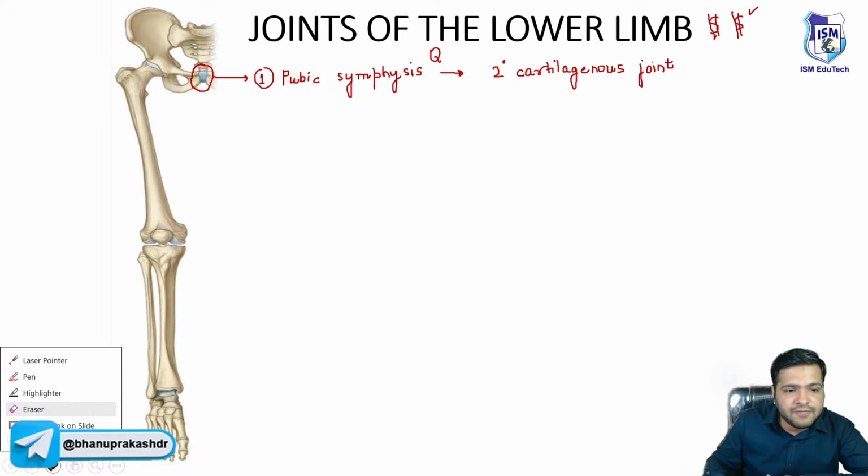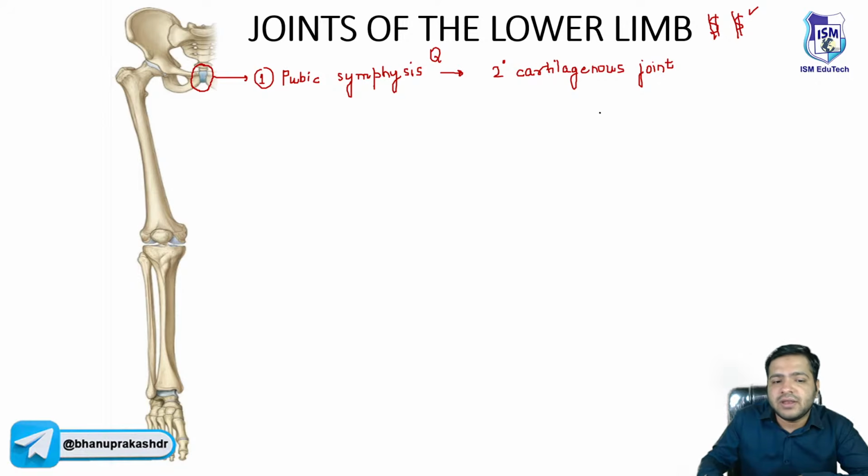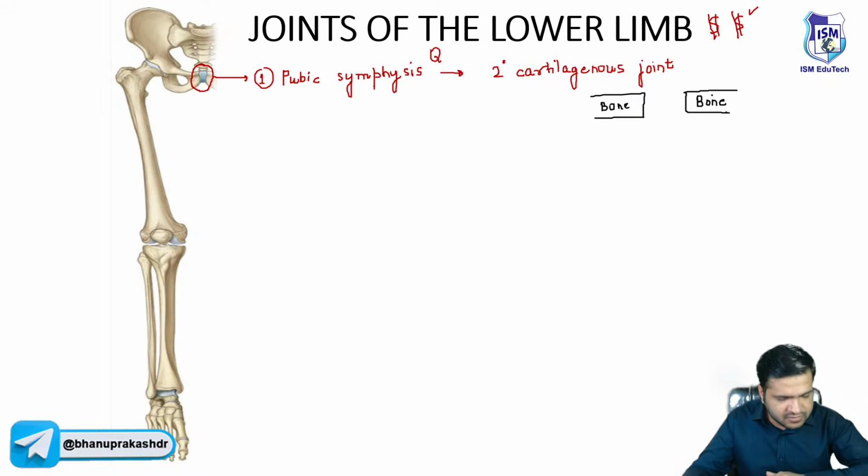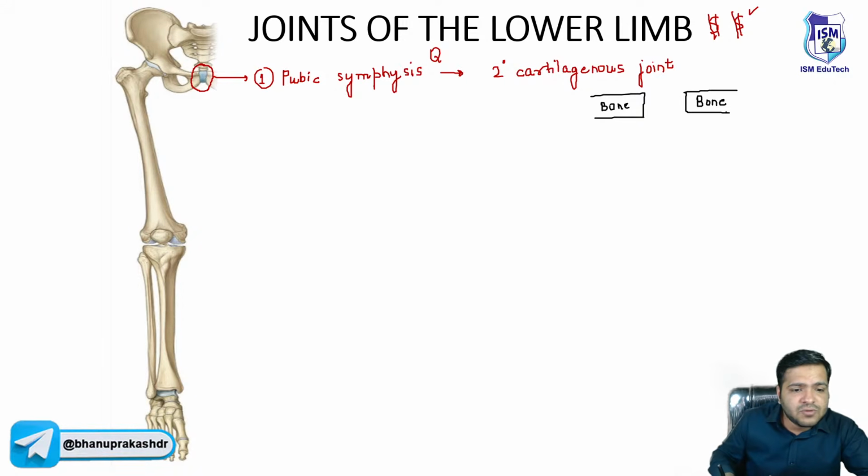So remember beta, if we say secondary cartilaginous joint, you already know we have this pubic symphysis. Okay, this is also a bone, pubic symphysis. Now we have left pubic symphysis and right pubic symphysis. दोनों bones हैं. These two bones basically are covered with hyaline cartilage.